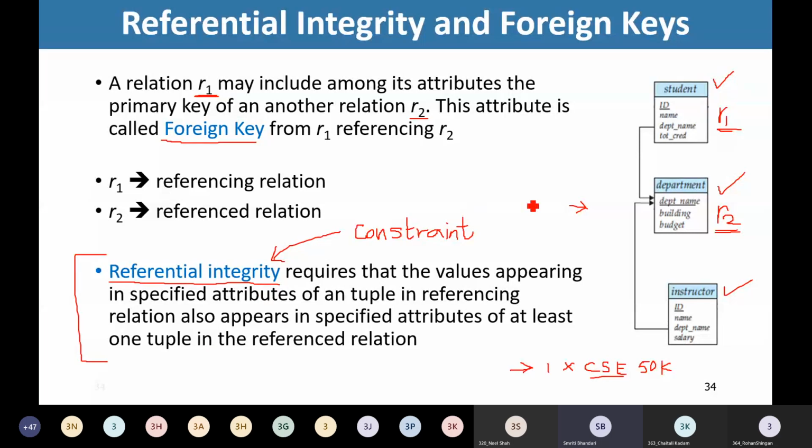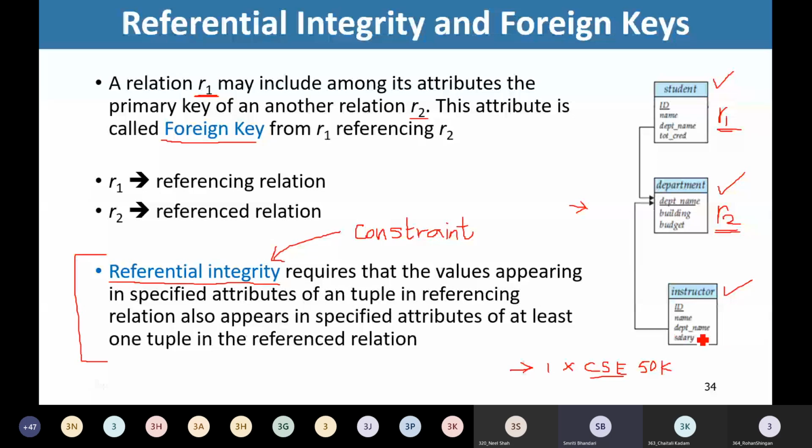And that is the purpose of having these foreign keys. This referential integrity helps to maintain consistency in the data. So it should not happen that we do not have one department and in another table we are making use of that department name. It should never happen.